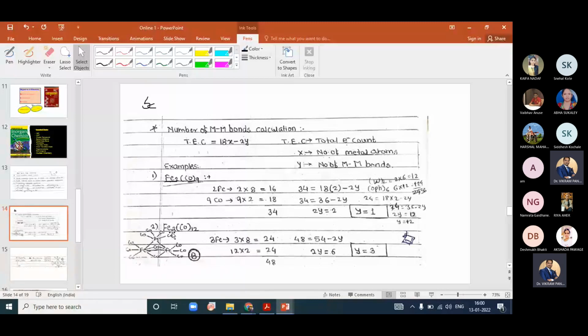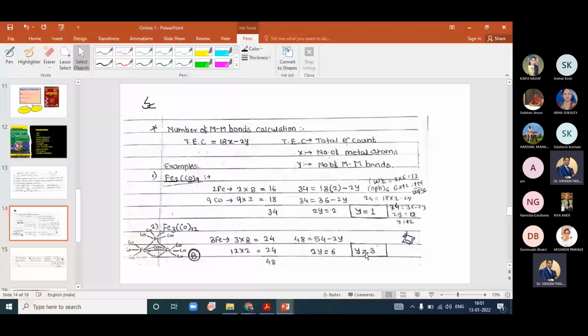The number of metal atoms is 3, so 3 times 18 is 54 minus 2y. So 2y becomes 54 minus 48, which is 6. And 2 goes to the denominator, so y's value will be 3.